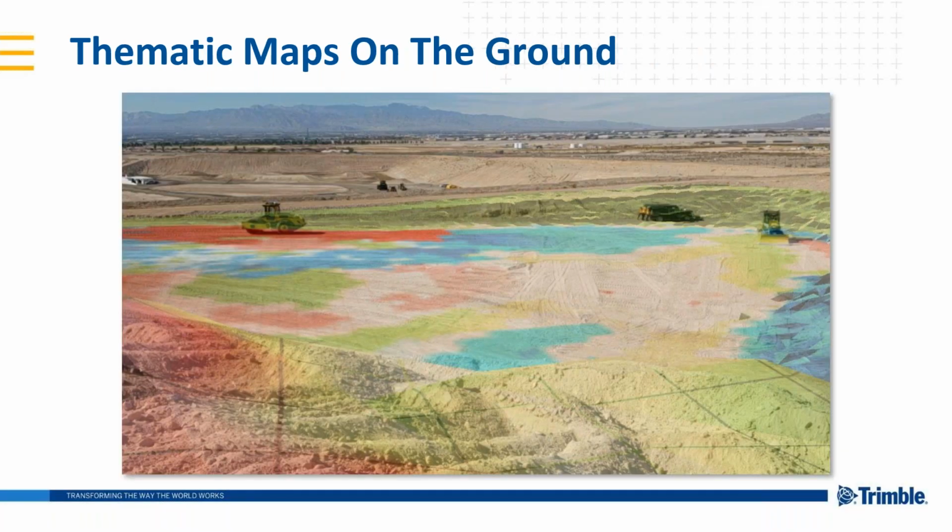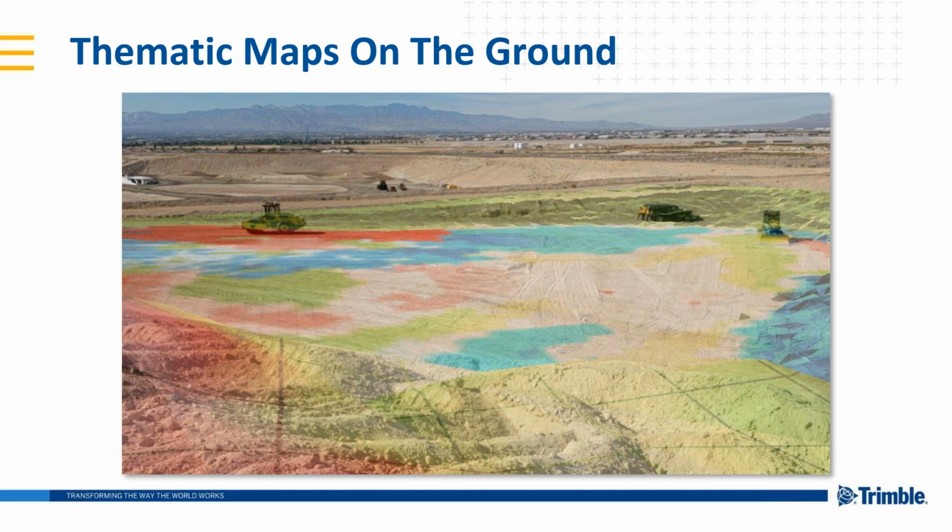And then the third category was thematic maps on the ground, and what that means is it's not a model as such, but it's a layer of information. In this case, it's a cut fill map. So in the civil earthworks space, this can be particularly useful as the sites become more and more stateless, so to speak.